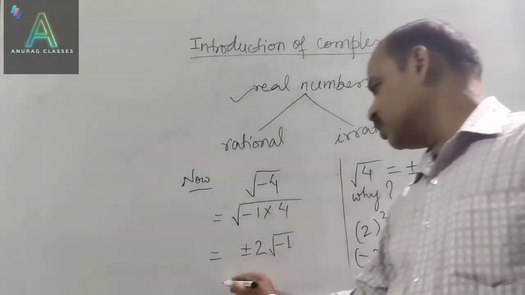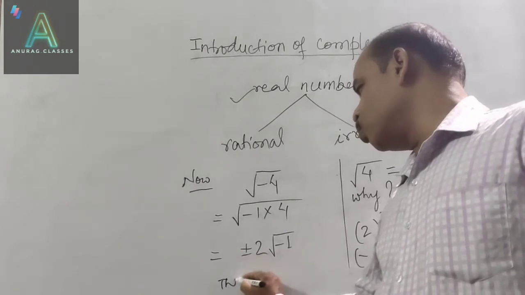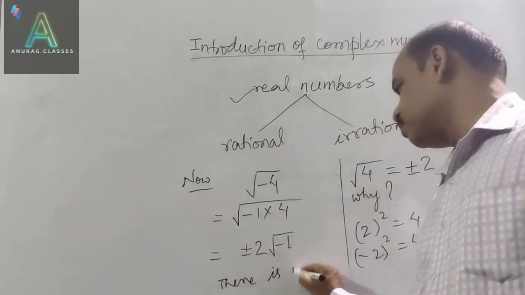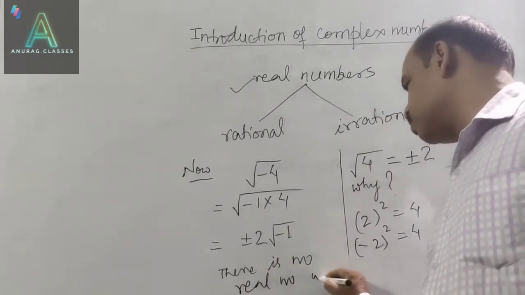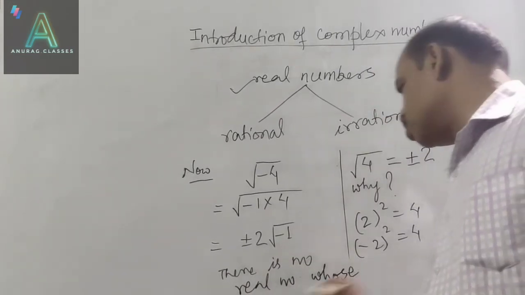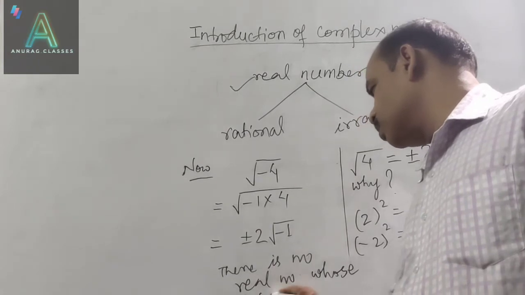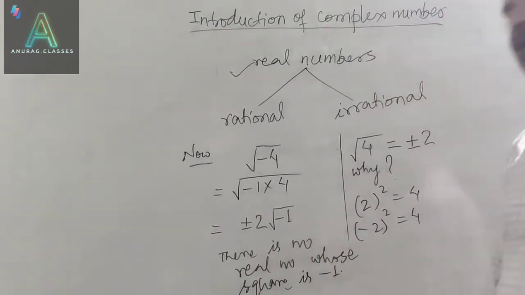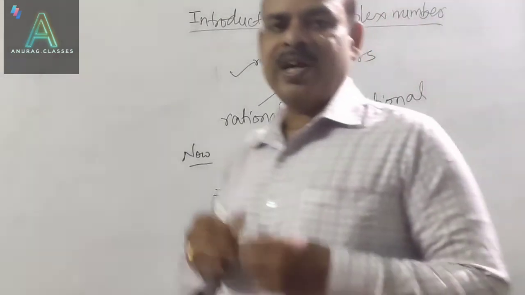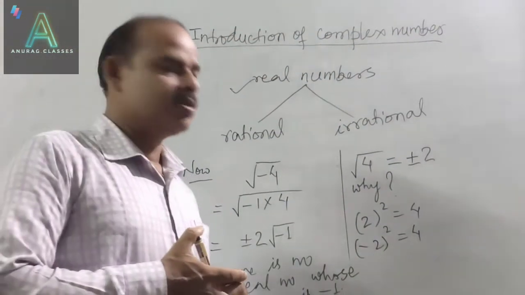No. There is no real number whose square is minus 1. Therefore, we cannot find the square root of minus 1.